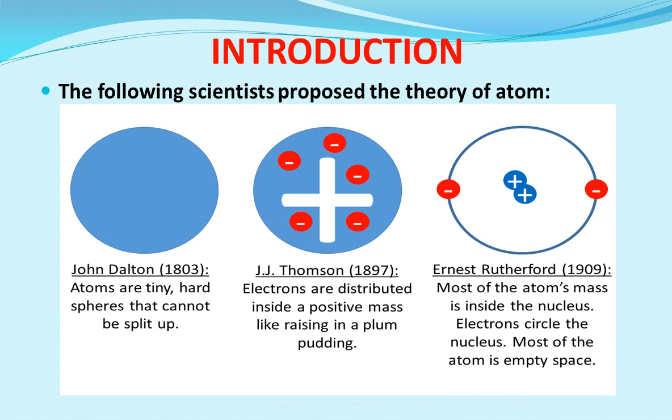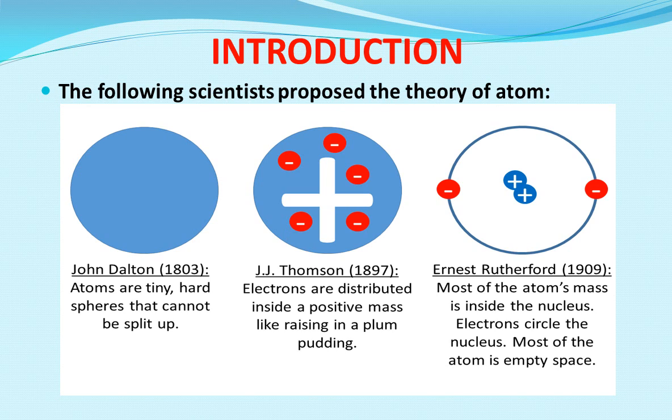But he has some drawbacks. He didn't explain a lot of things. So someone came and explained the drawbacks of John Dalton. Who explained the charged particles? That is J.J. Thomson.